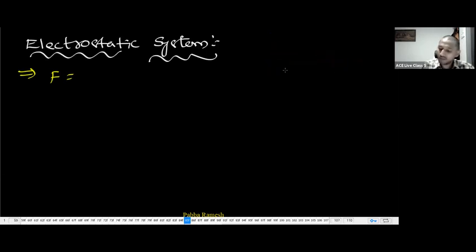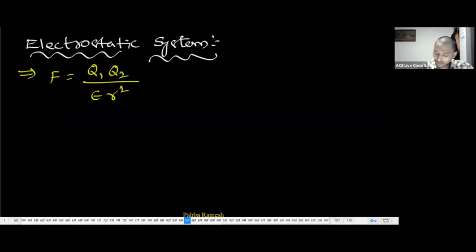Formula, remember? F is equal to Q1 Q2 by 4 pi epsilon r square. 4 pi is constant, that is dimensionless, we can say. Simply Q1 Q2 by epsilon r square. I hope everyone knows this. Okay.